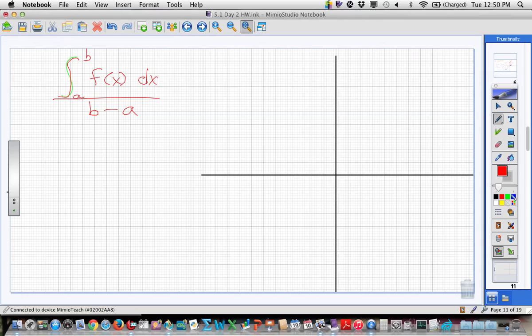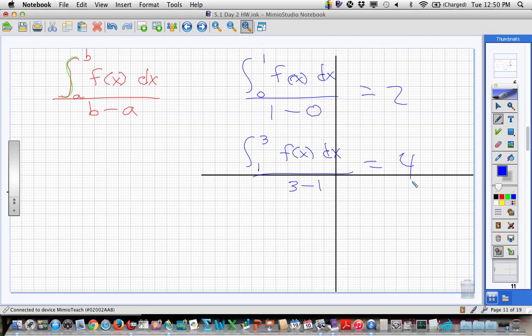So the first one they told you was the average value from 0 to 1 was 2. And they told you that the average value from 1 to 3 is 4, correct? So write out the formula.